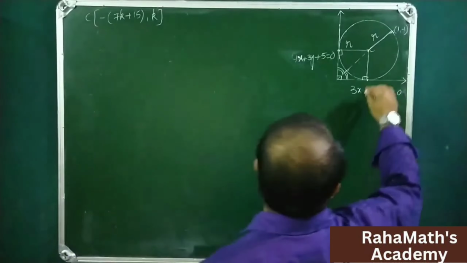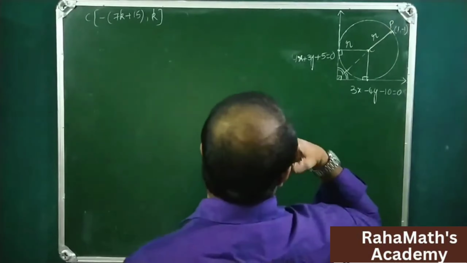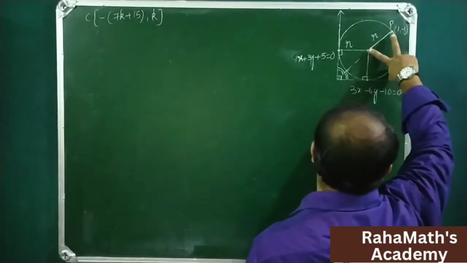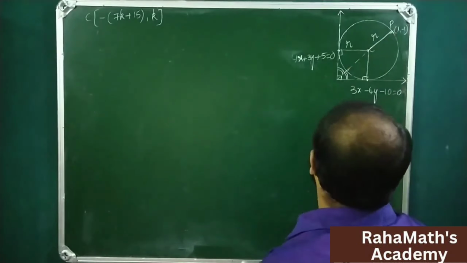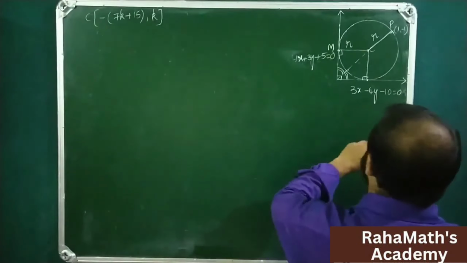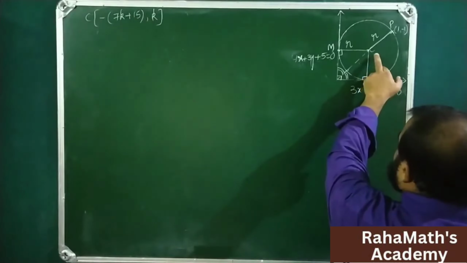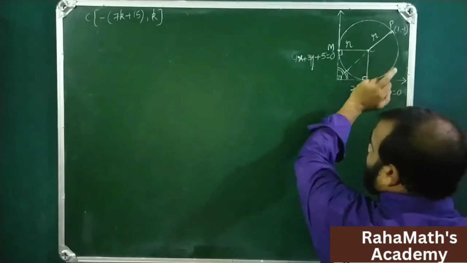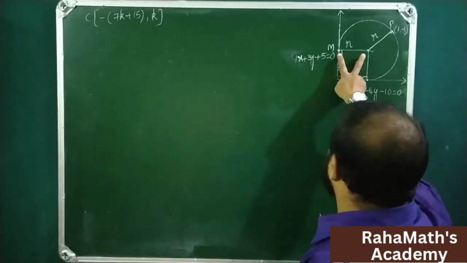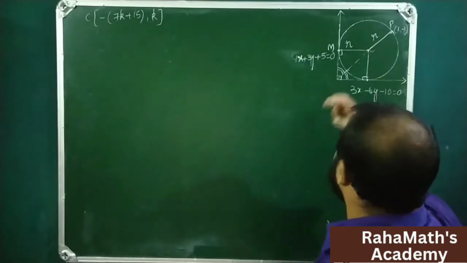So let us suppose this is P. So CP is the distance between the 2 points. Let us take this to be M. CM is the perpendicular distance from the center of the circle, what we got now, to the line. So this as well as this both represent the radius.